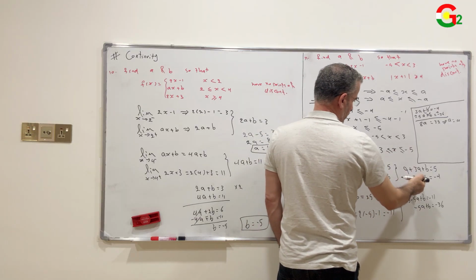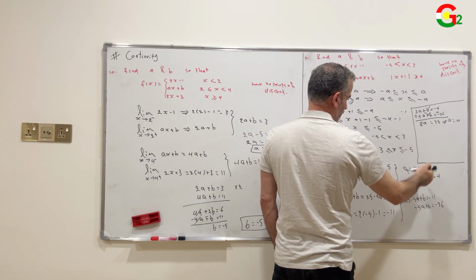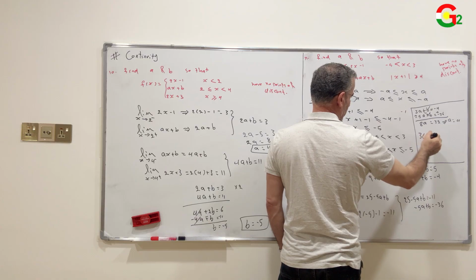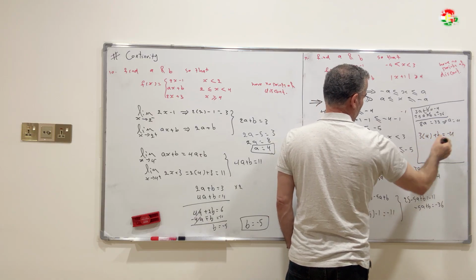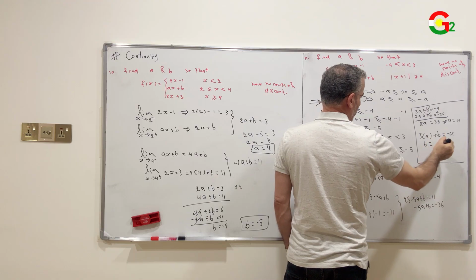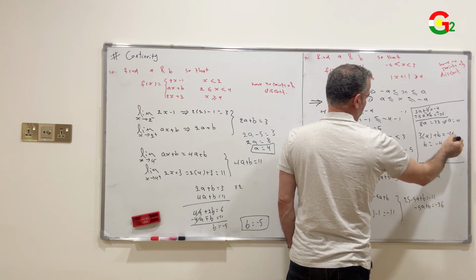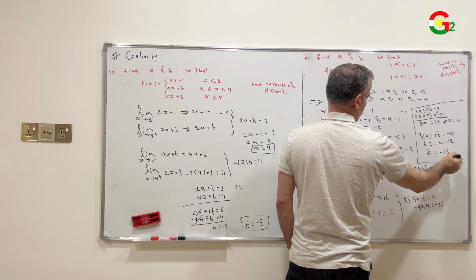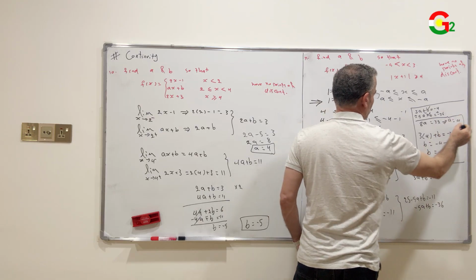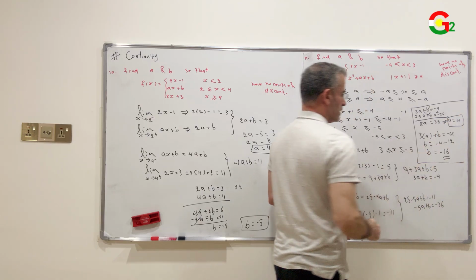Now substitute the value of a here to find the value of b. 3 times 4 plus b equal to negative 4. b equal negative 4 minus 12, b equal negative 16. So a is 4, b is negative 16.